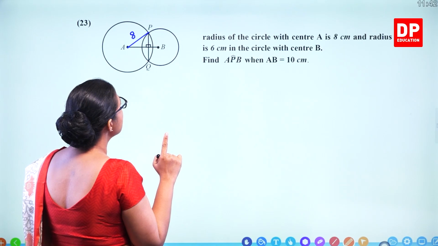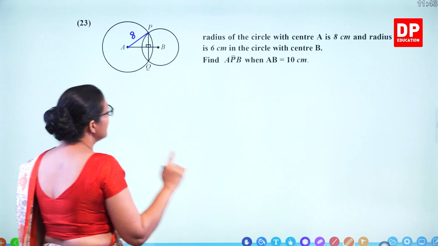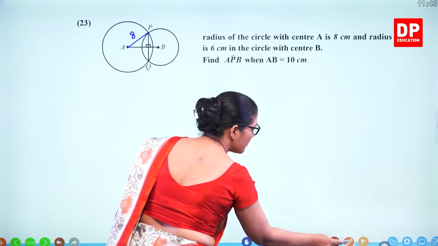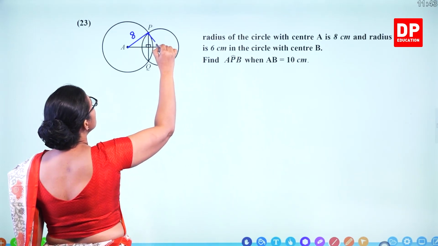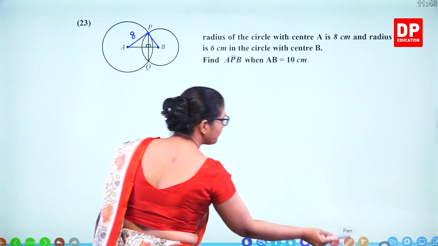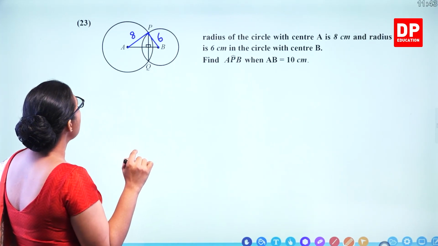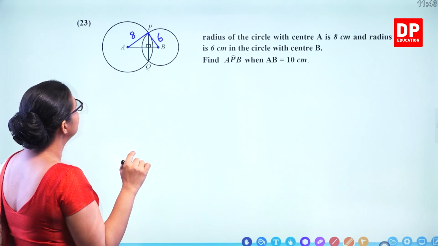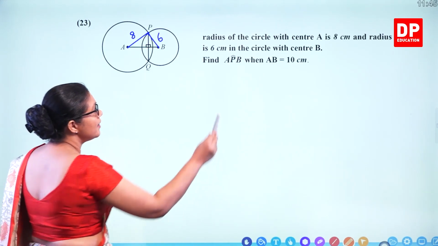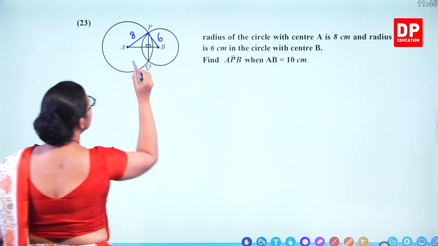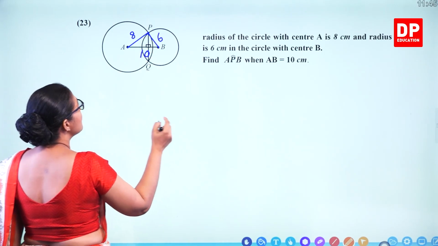And radius is 6 in the circle with center B. Then you can join the other one. This one is 6. Find APB. Now it's given AB is 10. This is 10.